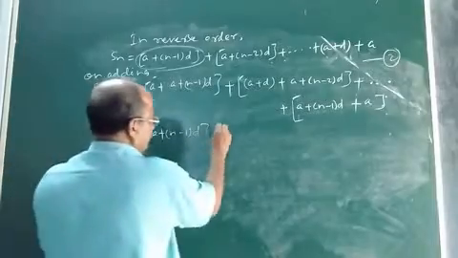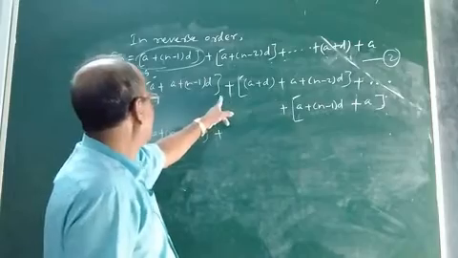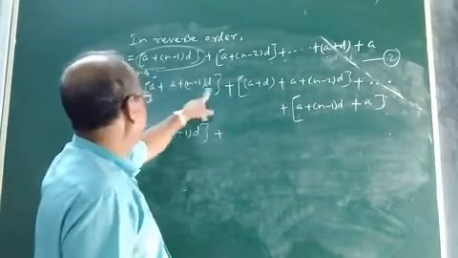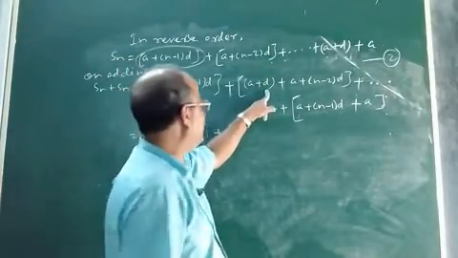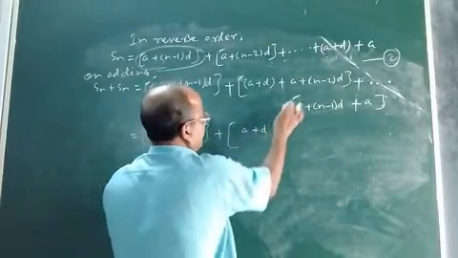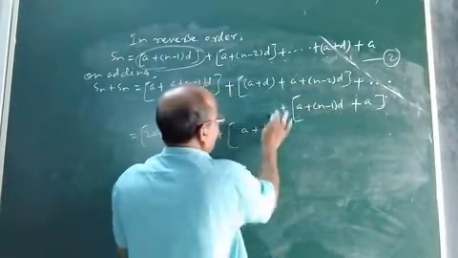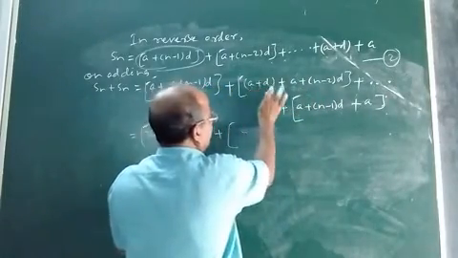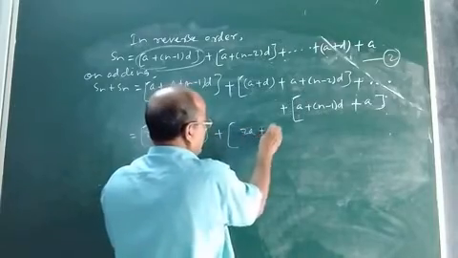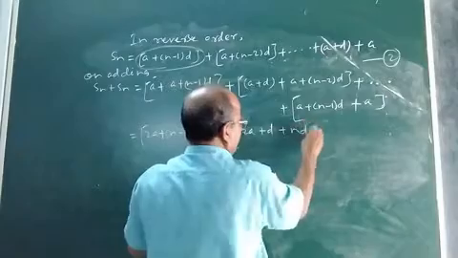Now this one, A plus D, you add this. You omit the bracket. It is A plus D plus A, it is 2A. 2A plus D plus, and D minus 2D.